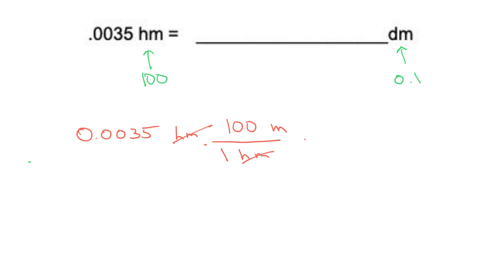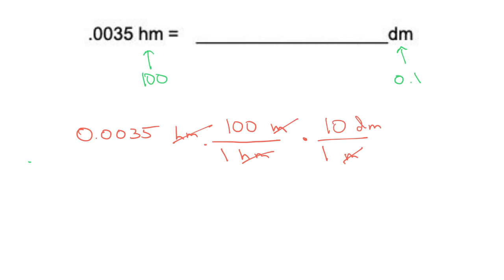Now to get it down to decimeters, we know that 1 meter is equal to 10 decimeters. And now those meters will cancel out and I'll be left with just decimeters. So we can just count the zeros to figure out how many times to move the decimal point.